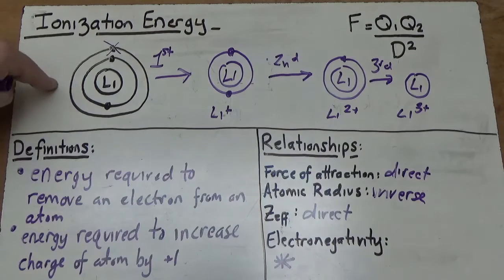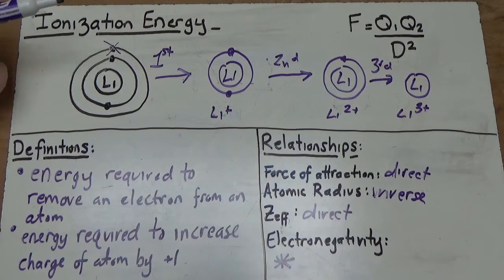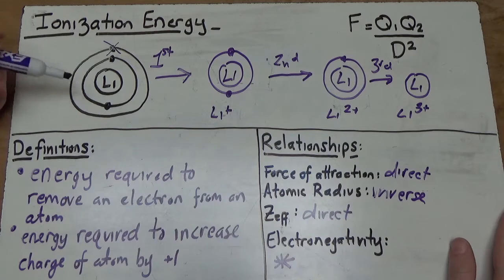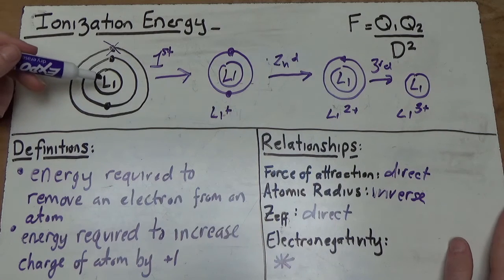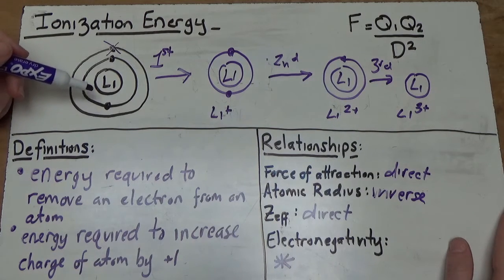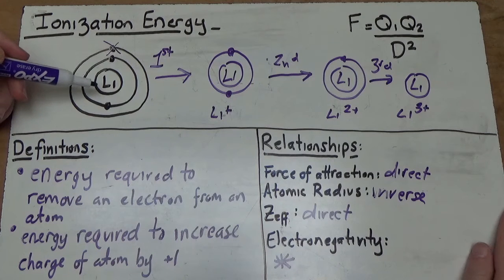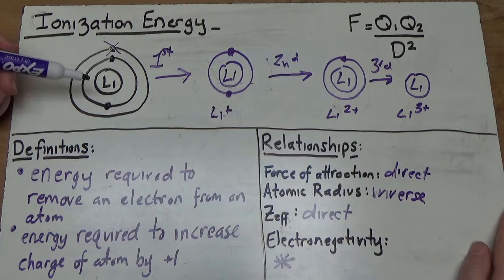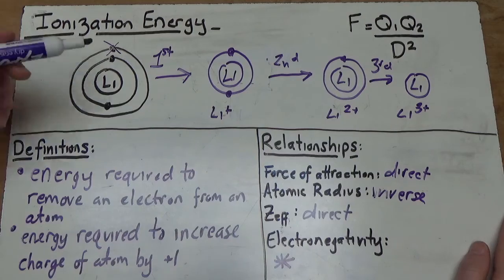If I compare lithium to fluorine, then the one with the higher ionization energy will be the more electronegative, in this case, fluorine. If I compare lithium to sodium, then I will see that lithium has a higher ionization energy and it is more electronegative than sodium.